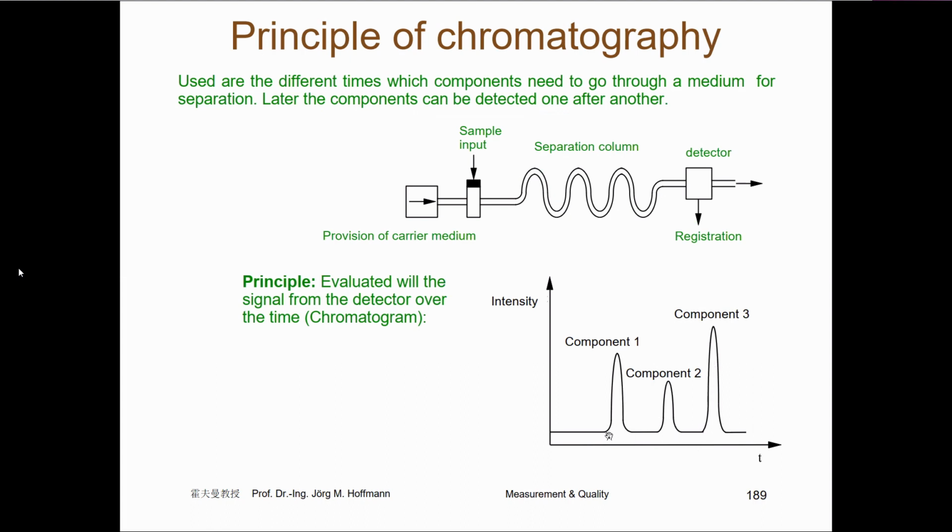The area under all peaks represents all components in this blood. And the percentage of the alcohol peak compared to the area of the other peaks, that is the amount of alcohol in this case.